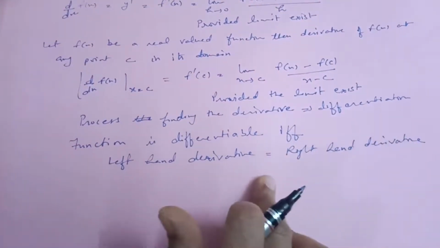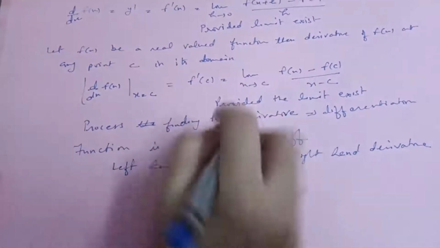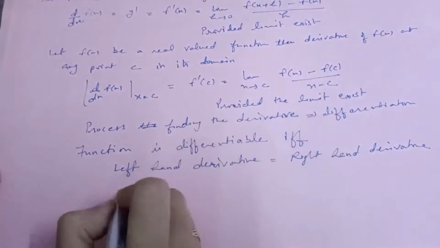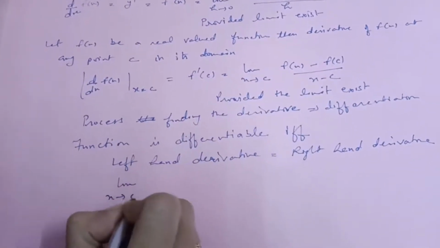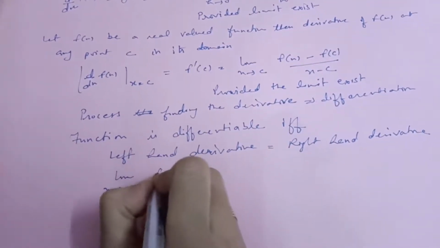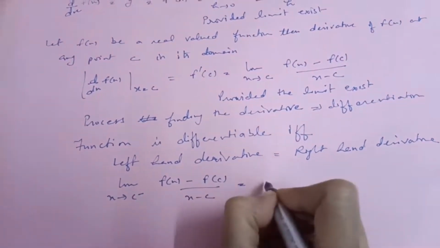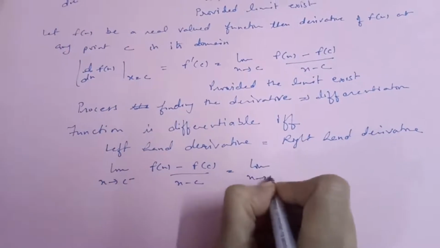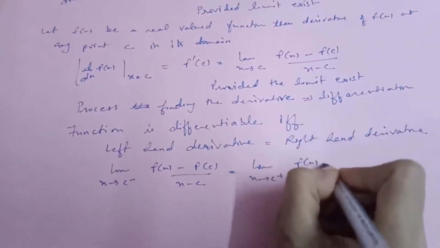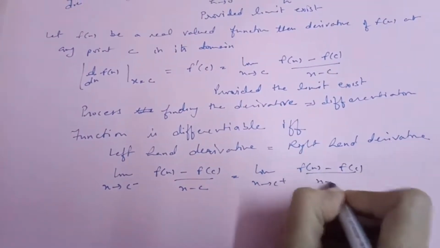What is the left hand derivative? It is the limit x tends to c minus of f(x) minus f(c) by x minus c, which must be equal to the right hand derivative, the limit x tends to c plus of f(x) minus f(c) by x minus c.